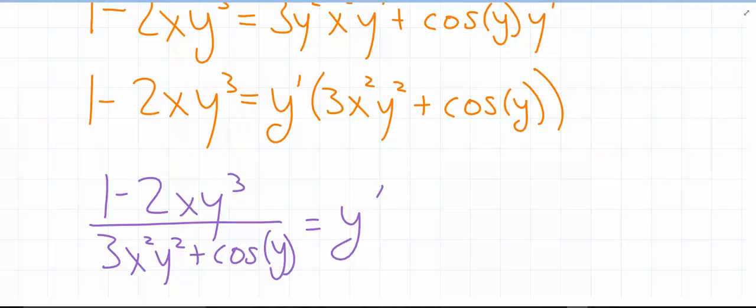Okay? Any questions? Okay, now one more thing we want to look at, and that is the second derivative. Now, the second derivative can be a handful.